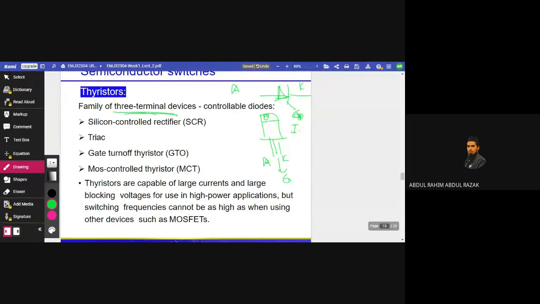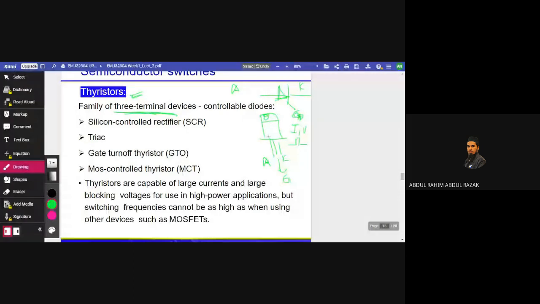Some devices we need a voltage as a control signal. Some devices we need current pulses. Some devices we need voltage pulses. For the SCR or silicon controlled rectifier, we just apply current. So we have the triac. This is the family of thyristors. We have the triac. We have the GTO.